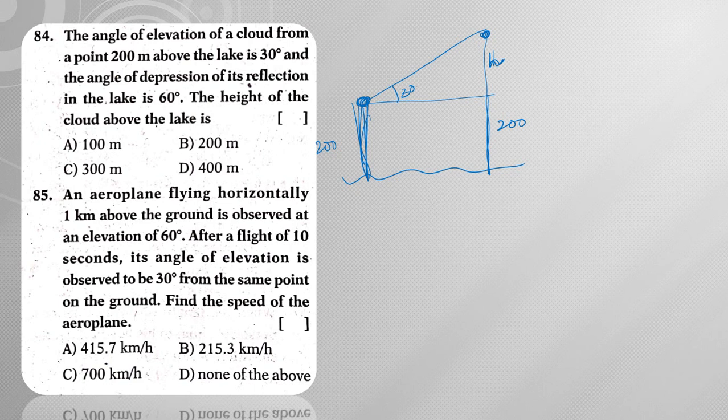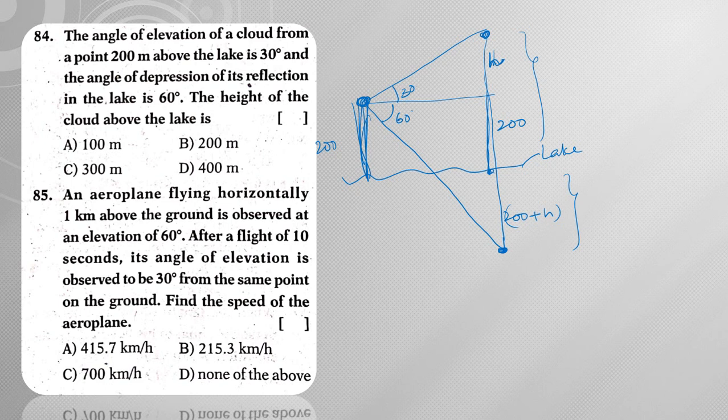Now when its reflection falls, since this is the lake, it falls exactly the same distance below the lake, right? So from this I can say this particular length will be equal to 200 plus h. Whatever this height is, at the same distance the reflection of the cloud falls. Okay, now what he has given is that this angle is 60 degrees.